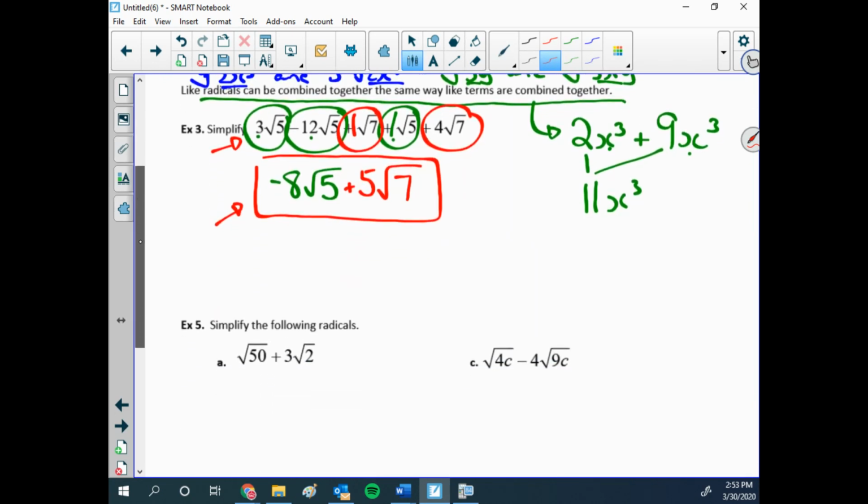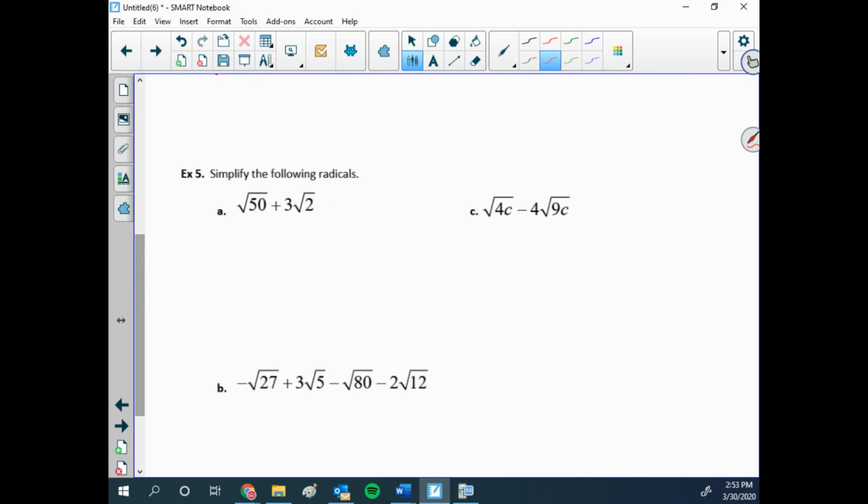All right, let's look at a few harder questions then. It says simplify the following radicals: root 50 plus 3 root 2. Looking at those, they aren't like terms, but you can probably simplify this somehow. What I want to do is get the same radicand. I want the radicand to be 2. Well, 25 times 2 is equal to 50.